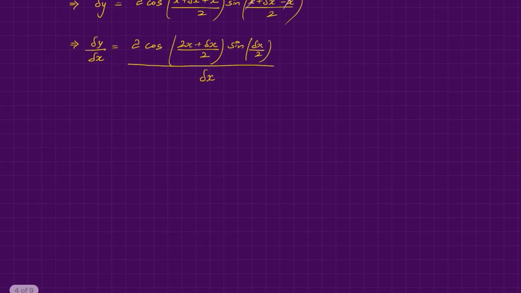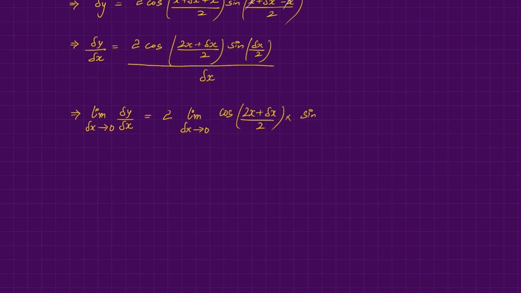Okay, now let us put the limit on both sides where delta x tends to 0. Limit delta x tends to 0, delta y over delta x equals 2, limit delta x tends to 0, cos of (2x plus delta x) by 2, and let me write this separately, sin of delta x by 2, whole divided by delta x.